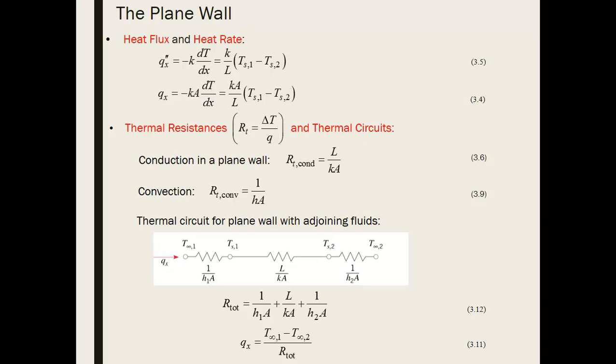So here, just for reference, we're defining heat flux and heat rate when you have a plane wall at steady state with no generation and with a constant thermal conductivity.